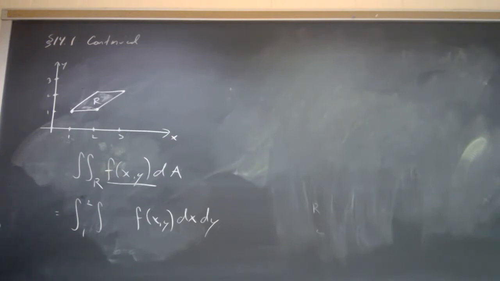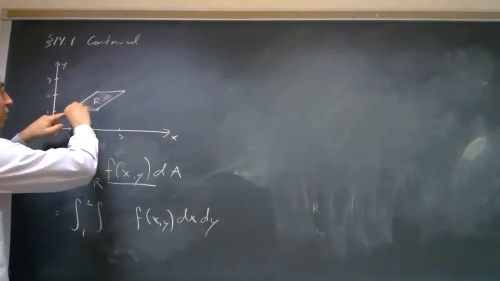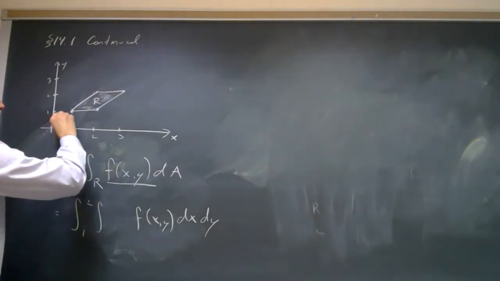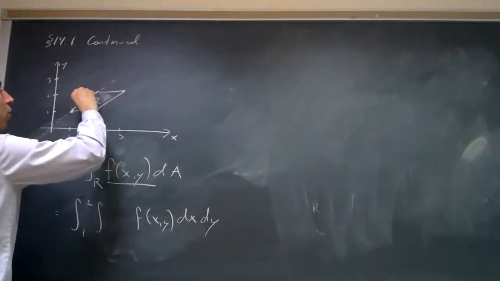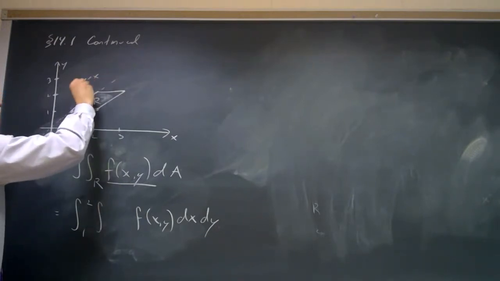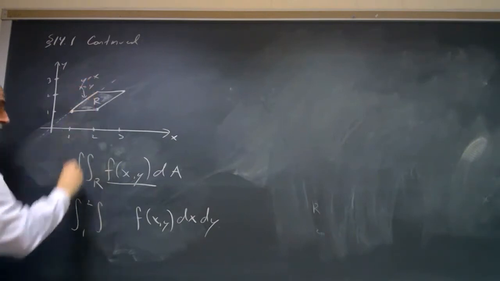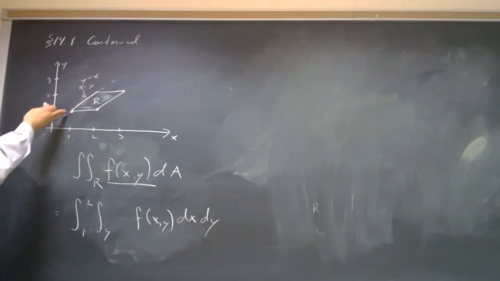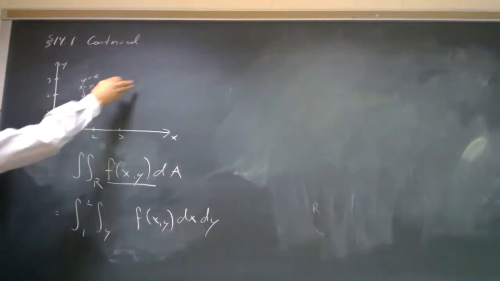So let's figure out what these two curves are, these two straight lines. Well, this straight line just is y equals x. We need it as x equals something in y. If y equals x, then x equals y. So we're going from y, the left boundary, to the right boundary.